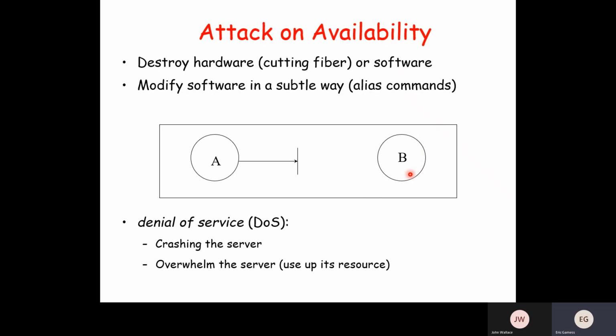So there are so many petitions that the server is running out of resources. When Alice wants to access the server that is run by Bob, she will not be able to because the server is so overwhelmed, it doesn't have enough memory, enough CPU power, that she cannot access the site anymore.